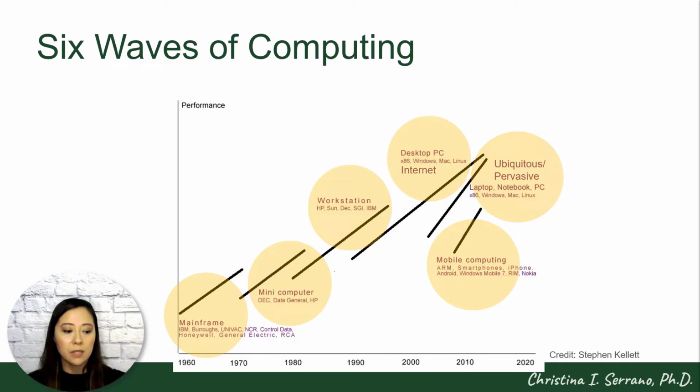And we're also seeing a lot of technologies being embedded in products in really innovative ways. And so the book also talks about a seventh wave of computing around the corner, which may have things like driverless cars.